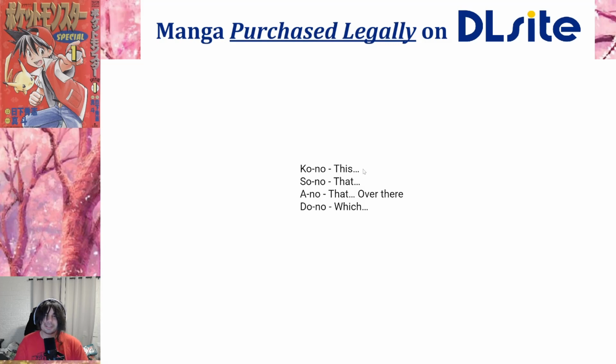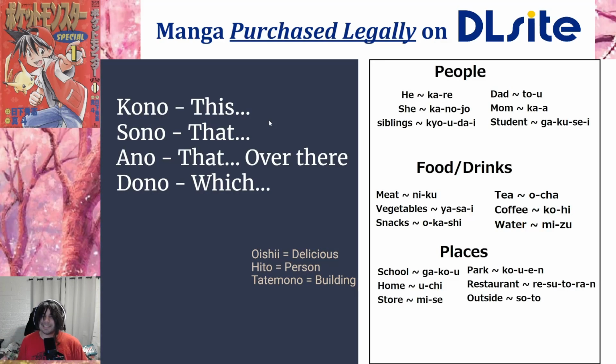That's what the dots are for. So not just kono, but kono noun, sono noun, ano noun, dono noun. I'll give an example. If I want to say something about this coffee, kono kohi, then I would say kono kohi ga and then describe it, right?